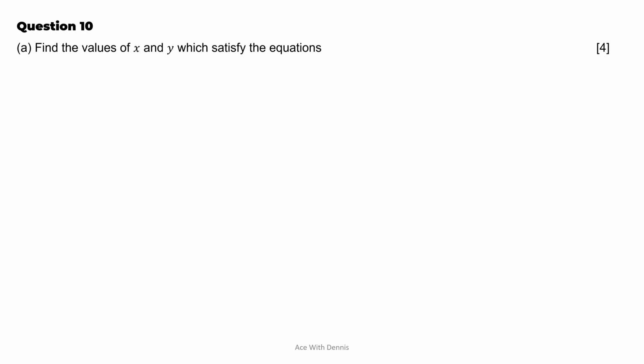Question 10. A. Find the value of x and y which satisfy the equations 3 to the power x plus y equals cube root of 27, and 4 to the power y over 2 to the power x equals half to the power negative 3. 4 marks. So this is a simultaneous equation question where we want to find the values of two unknowns x and y.